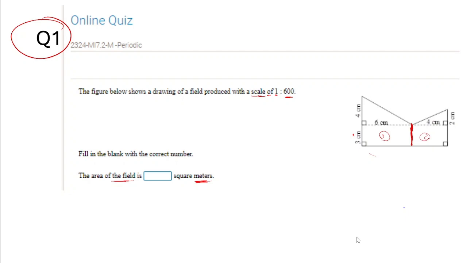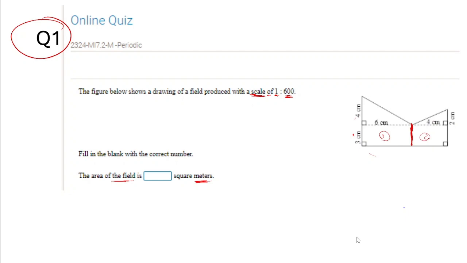Number 2, if you can see here, it's mentioning that this field is produced with a scale of 1 to 600. That means this is not the actual length of this field, because this drawing is with a scale of 1 to 600.